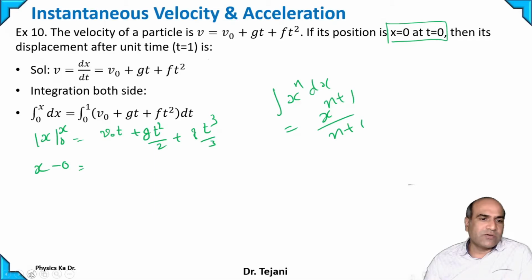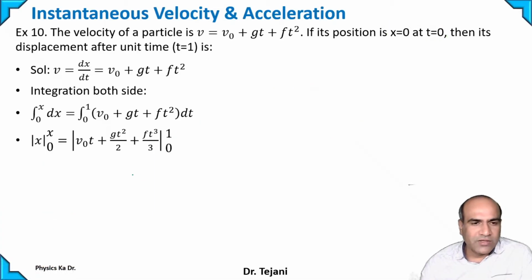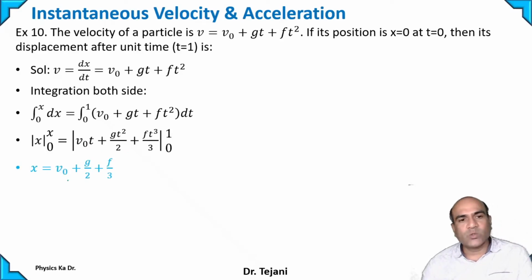Right? So you need to remember that. So we got this, put t is equal to 1. So x is equal to v0 plus g by 2 plus f by 3, and that is our answer. Very simple. Compare your answer with this.